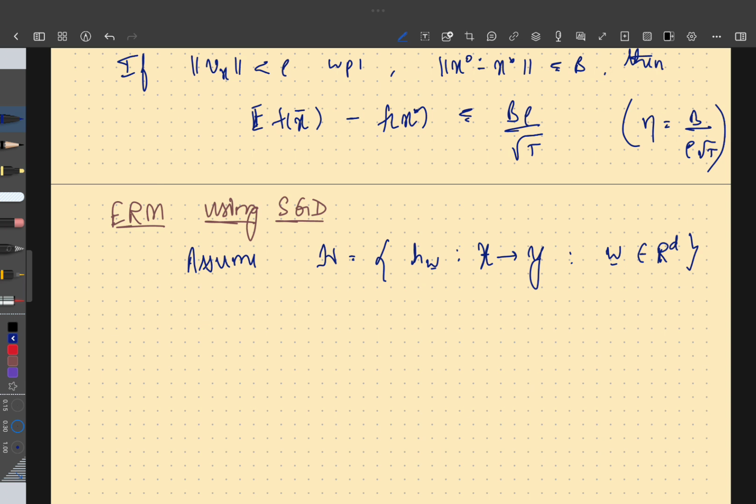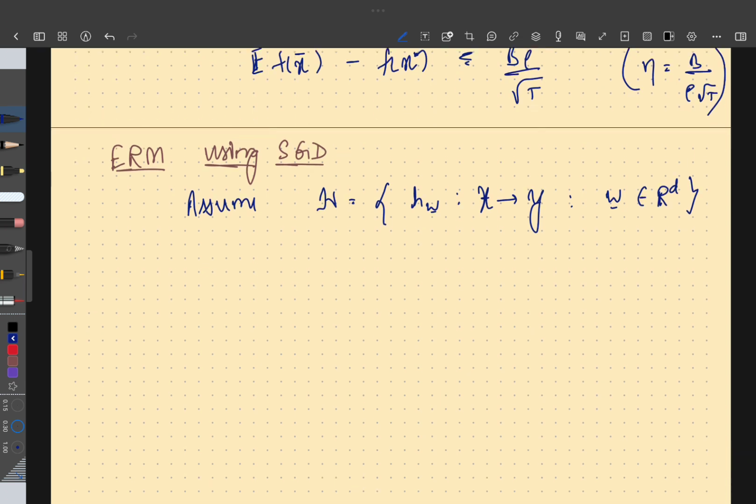So for example, if it's a neural network, then W is maybe the set of all weights and biases in vectorized form. If you're dealing with linear regression, then W is again the set of all weights and biases, and so on and so forth. Or if, let's say, you're doing polynomial classification, then maybe W consists of all of the coefficients of the polynomial. All right.